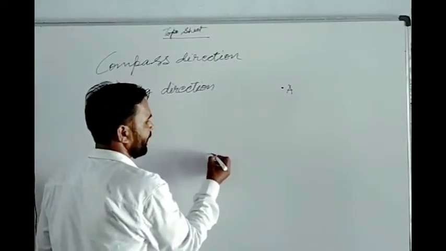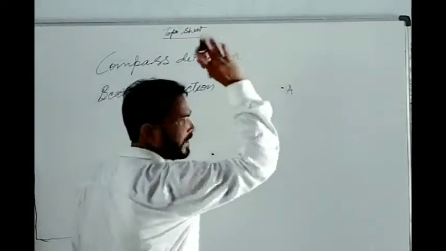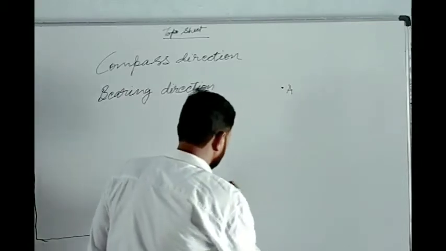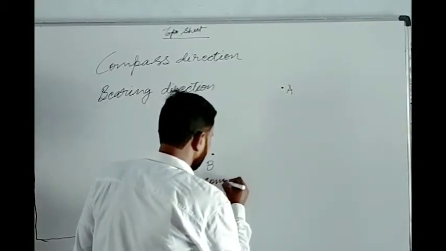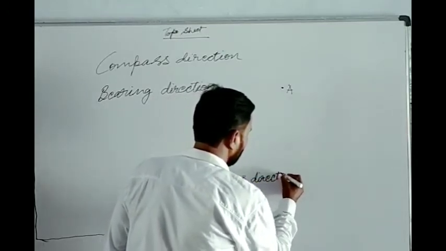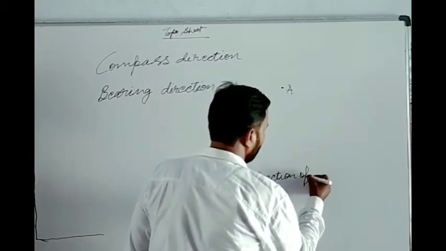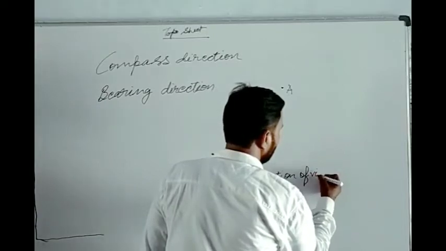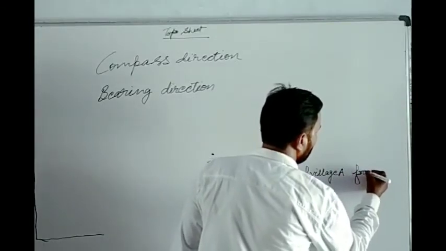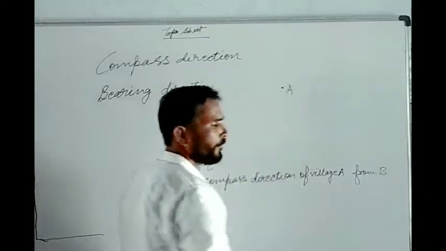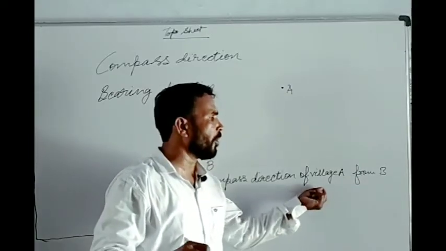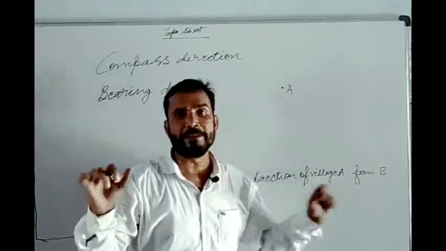This is mentioned here. Okay, this is village B. This is village A. Now the question is this: what will be the compass direction of village A from village B?